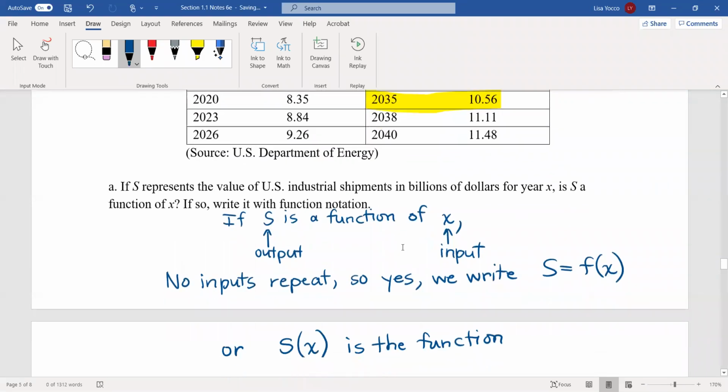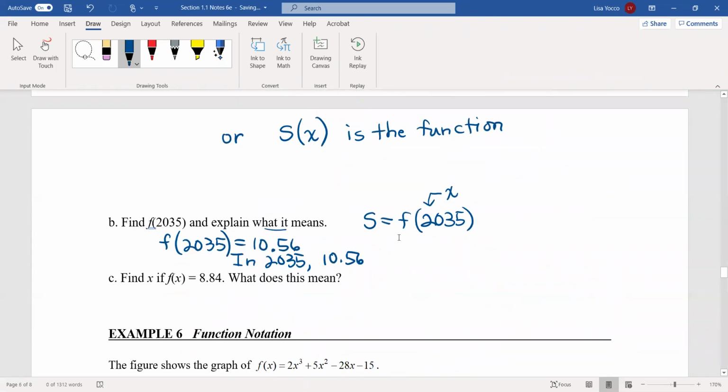So we just need to put that in English. So I'm going to say $10.56 billion were spent on industrial shipments, something like that.